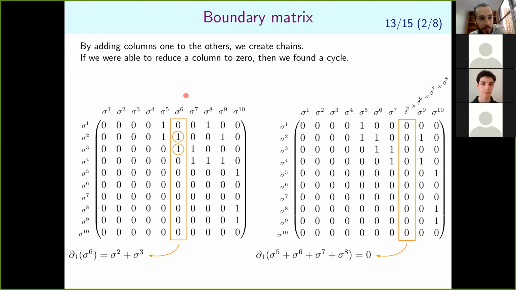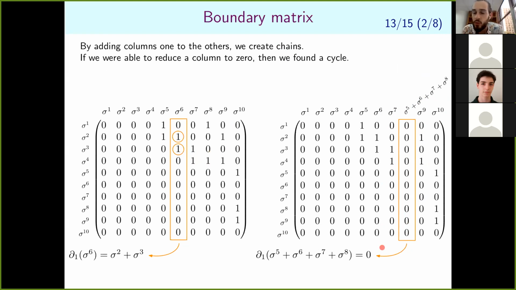So for instance, here, I add this column, sigma 8, with all the preceding columns, all the simplices of dimension 1 that appear before. This is 0, because I have two 1s here, two 1s, two 1s, and two 1s. Two 1s being 0. So the boundary of this sum is 0, and this is a cycle.